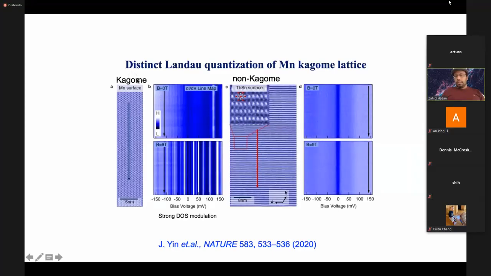With STM, the nice thing is that you can selectively look at the Kagome plane and the non-Kagome plane. When we cleaved and looked at the Kagome plane, then when we apply a field, there's a very clear DOS modulation. And in the non-Kagome plane, similar field, similar condition, but there's no DOS modulation. So in other words, this DOS modulation is associated with the Kagome plane's electronic structure.